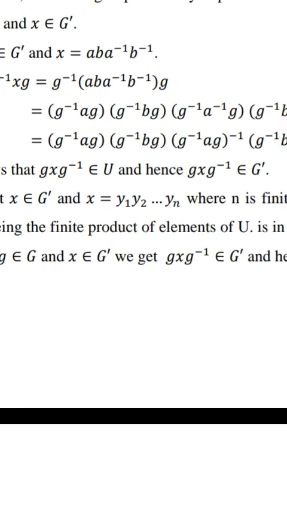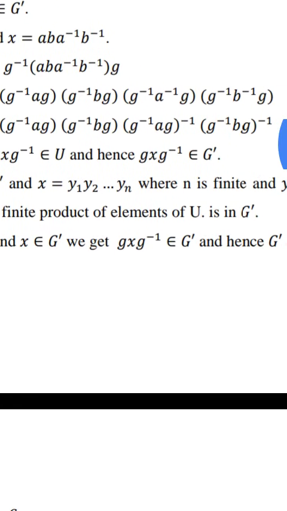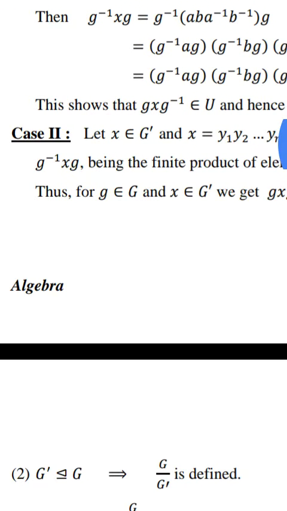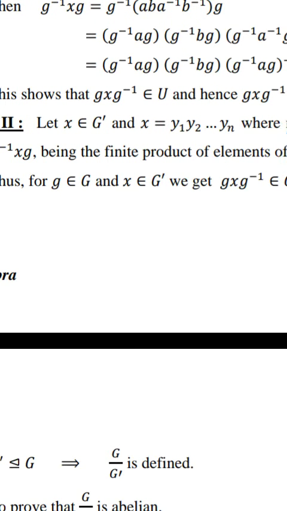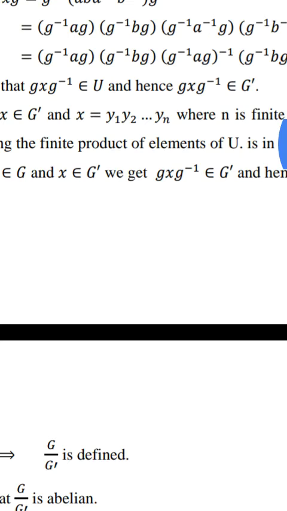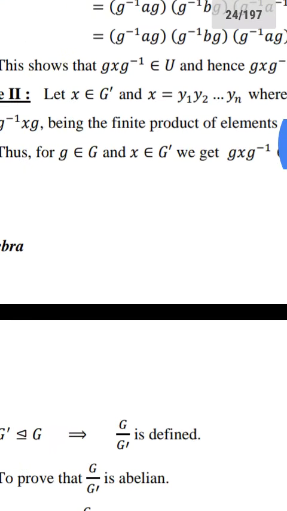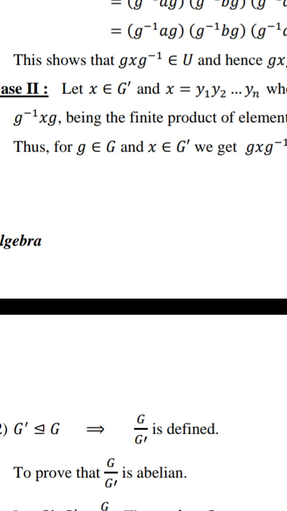This is equal to g inverse ag, g inverse bg, (g inverse ag) inverse, (g inverse bg) inverse. And this shows that g inverse xg belongs to the commutator subgroup, the derived subgroup, and therefore G dash is normal in G.